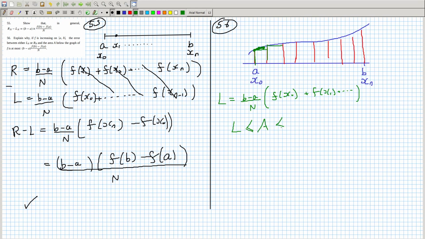And then that would be less than the left plus all these little pieces. We'll call this like epsilon 1, epsilon 2, etc. But we could probably put an upper limit on these by making them little rectangles.